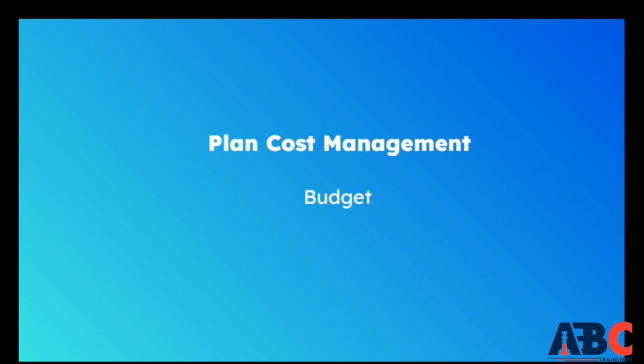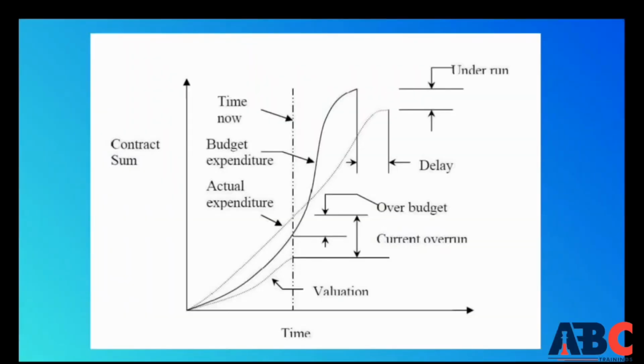Further, once the budget is defined, you will see the S curve, which defines your cumulative cost from the start to the end of the project. It shows how your cost is applied, where you go over budget, and how time and contract sum or cost are progressing. So the actual cost is this, your budgeted cost is this, and the under budget is this. If your actual expenditure is less than your budgeted expenditure, it is under budget or underrun.